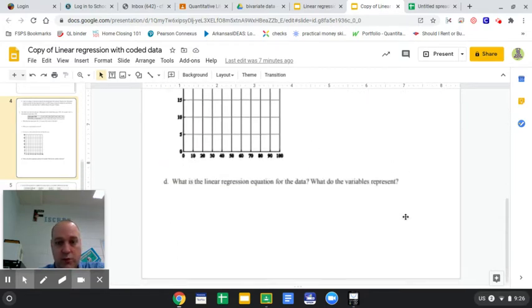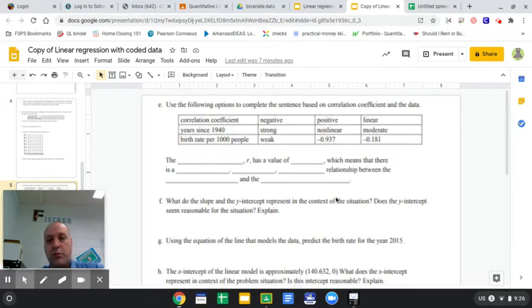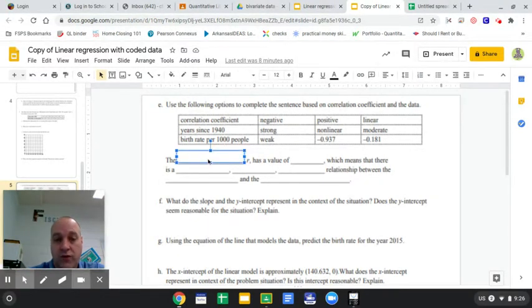That's what they represent. All right, so down here on part E, it says the correlation coefficient R has a value of, put that in your calculator and see what it comes out to. This word right here is the correlation coefficient, has a value of, so put it in your calculator and see which one of these it is. It's got to be one of these two numbers, which means that there is a strong positive, no, this one is not positive.